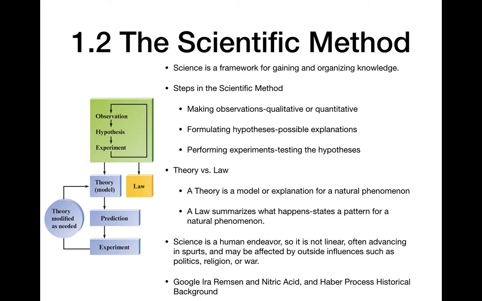And so the Haber process has helped feed our burgeoning population in the 1900s and 2000s because it was developed as a result of war. A couple of good examples of the human side of science might be if you want to Google Ira Remsen and his nitric acid story, or if you want to Google the Haber process, that's another good one to look at the human side of science.